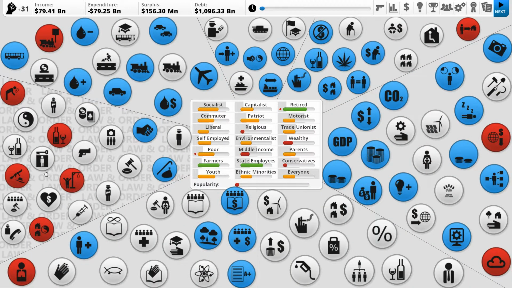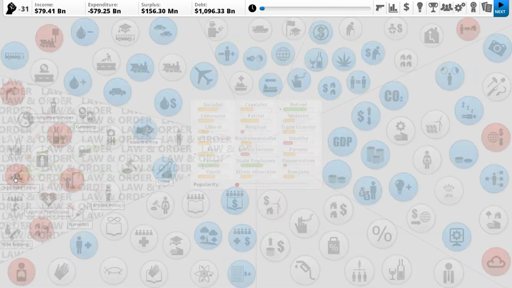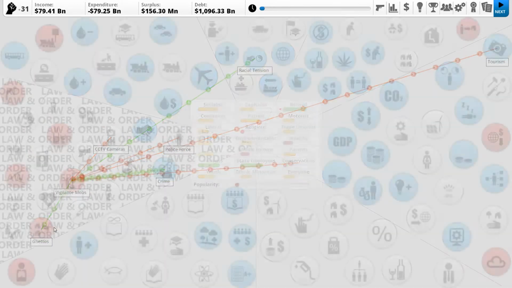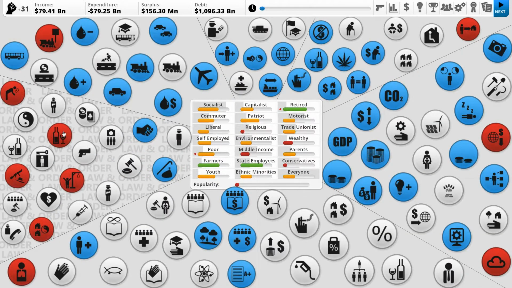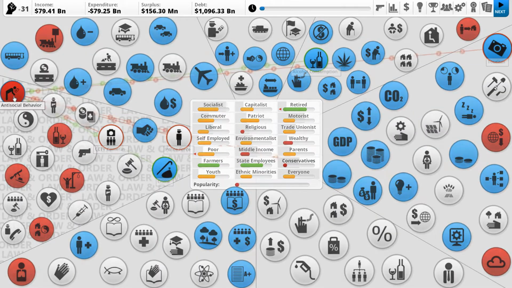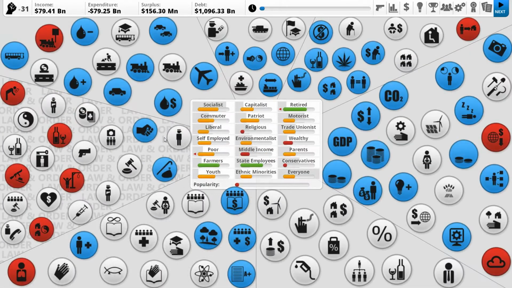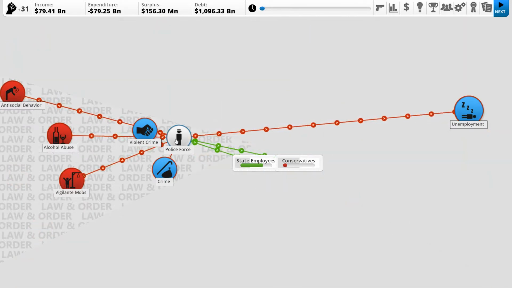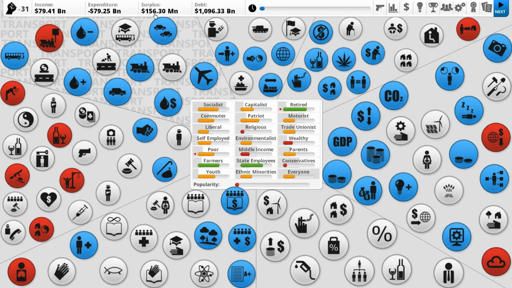So we already have a few policing systems in place. We have problems with organized crime right now. We have problems with vigilante mobs, ghettos, alcohol abuse, and antisocial behavior. I think the solution to a lot of those... Ooh, look, we're on a surplus now instead of a deficit.